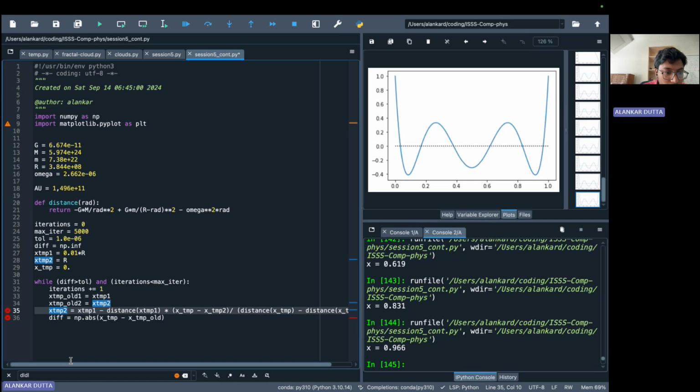Is going to be this. So where is x underscore tmp?